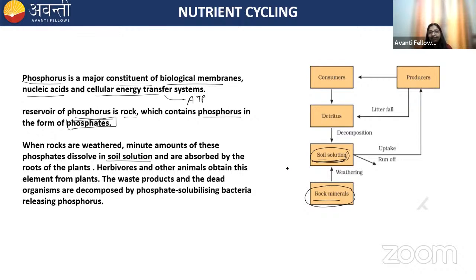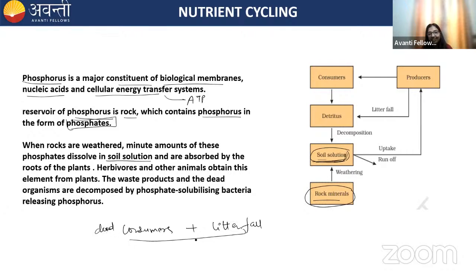When the consumers feed on the producers, the phosphorus enters into the consumers.